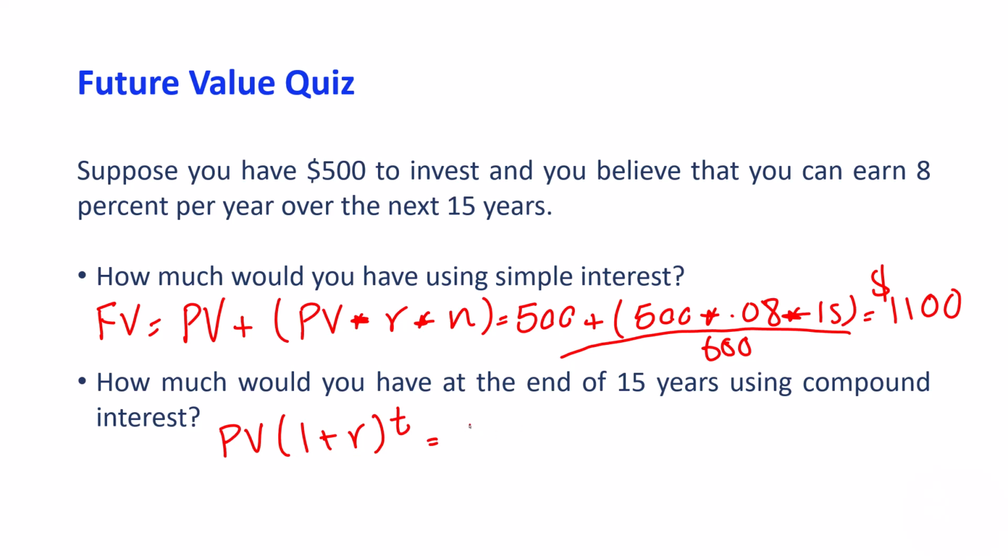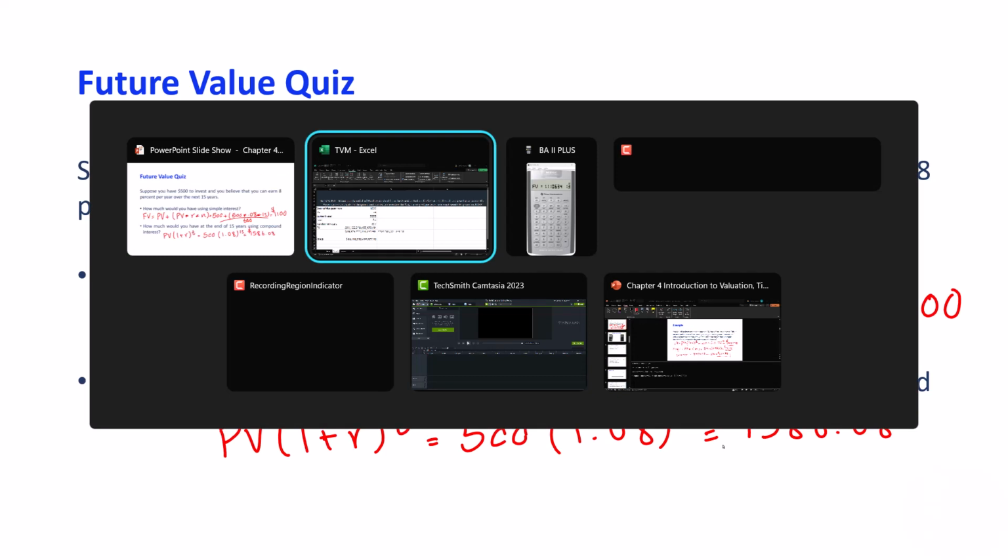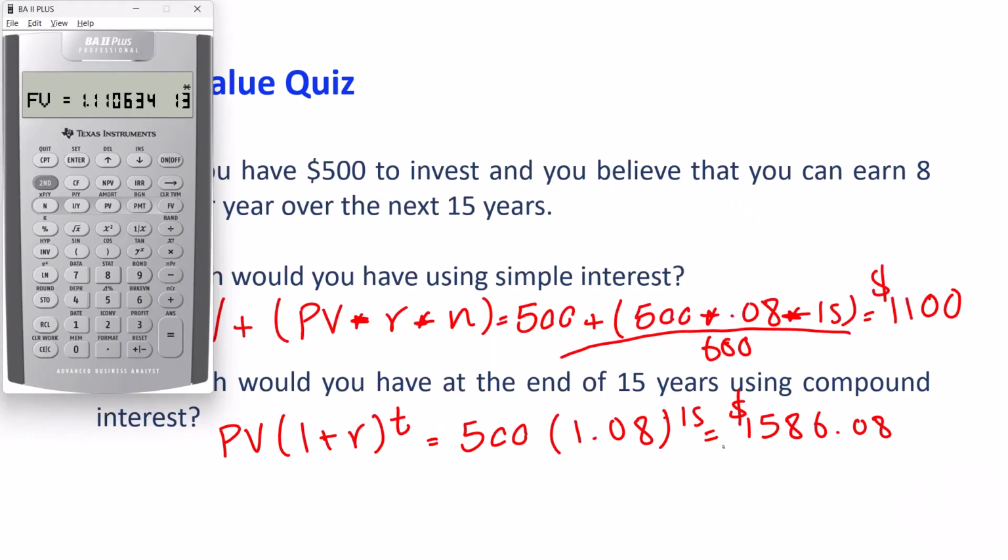So we have 500 times 1.08 raised to the power of 15. That should be 1,586.08. Right? Let's just do this in the financial calculator as well.